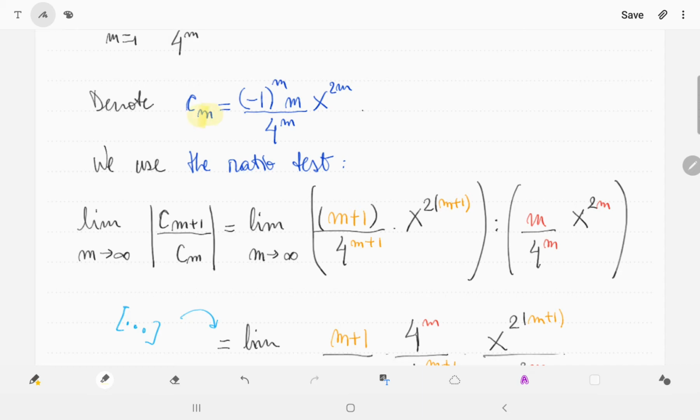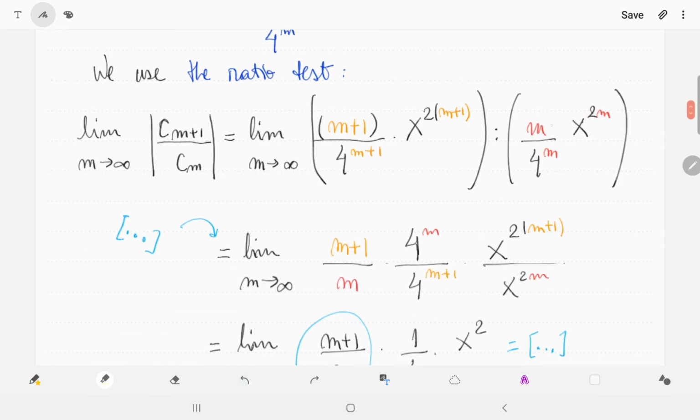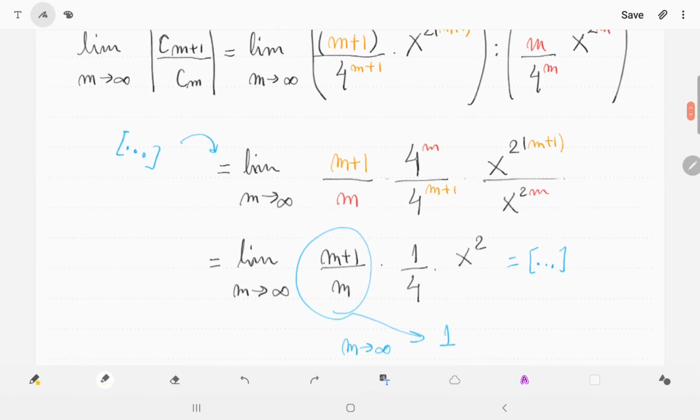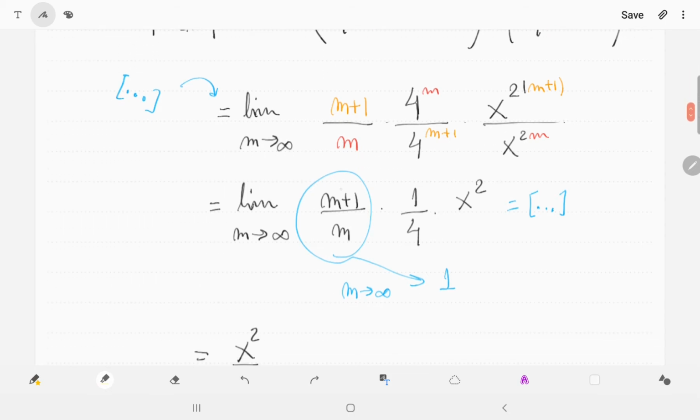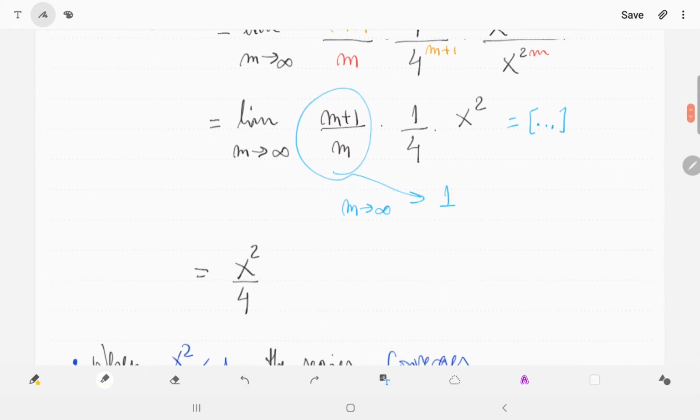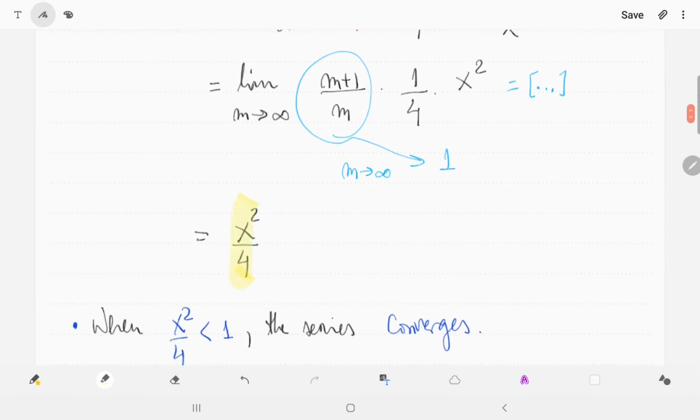Here we have to put m plus 1 for the first part of the limit, and just m for the second part. After some calculations and arrangement, you can see that some numbers go away, and some variables also. Then this limit goes to 1 when m goes to infinity. So finally, this limit is x squared over 4.